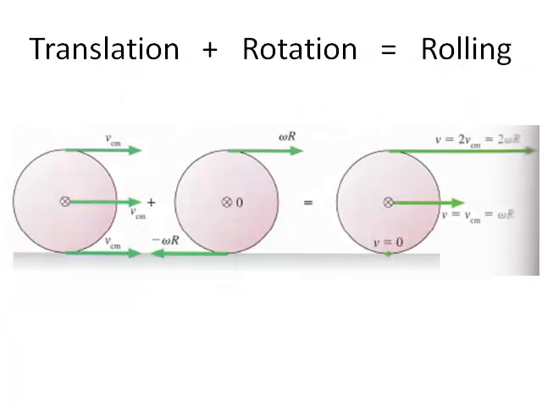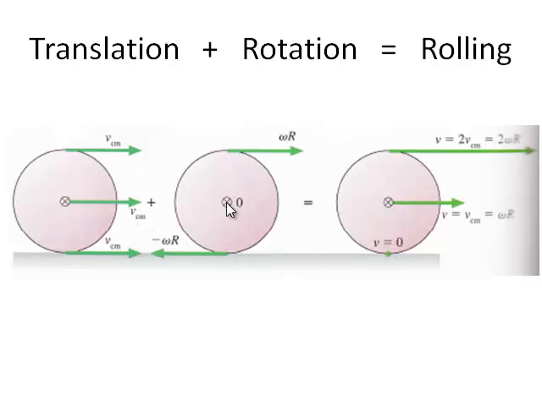As we talked about earlier, translation and rotation equals rolling. So if we take translational motion, for example, we're just looking at this disk and it's going to be translating to the right, we could say that all of the points of this wheel are moving to the right with a certain velocity of the center of mass.